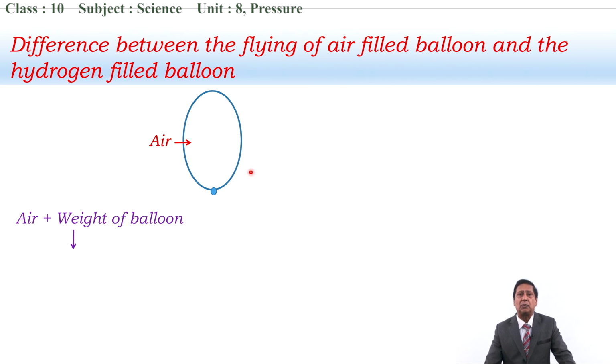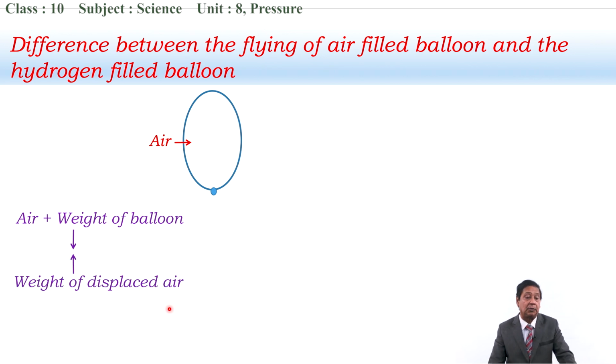But what about the upthrust? When a balloon is placed in air, air exerts an upward force on the balloon that is called upthrust. And the value of upthrust depends upon what? The weight of the air displaced by this balloon. Which one is more? Is the upward force more or the downward force more? Is the weight of the displaced air more, or the weight of air plus the weight of the balloon more?